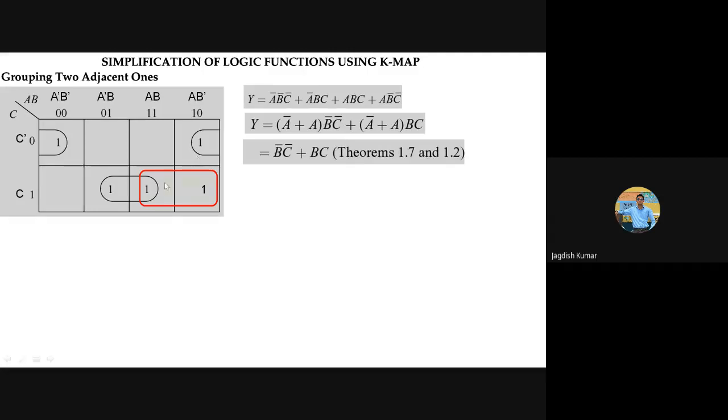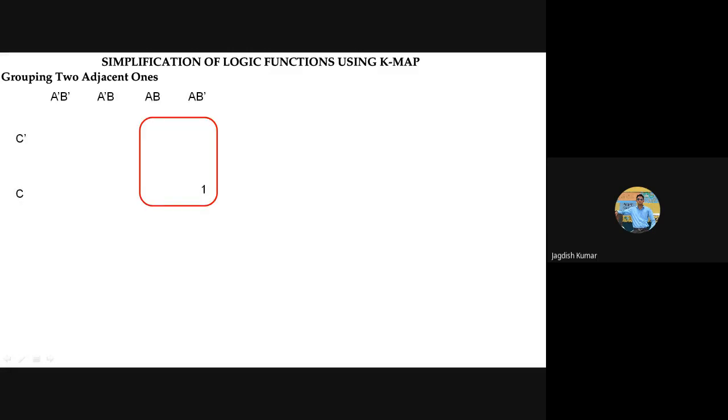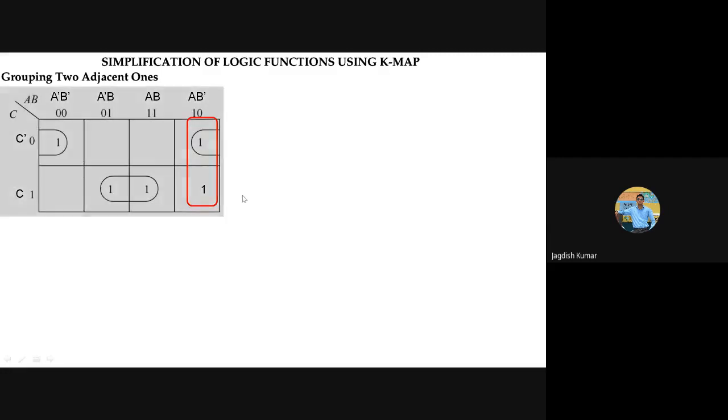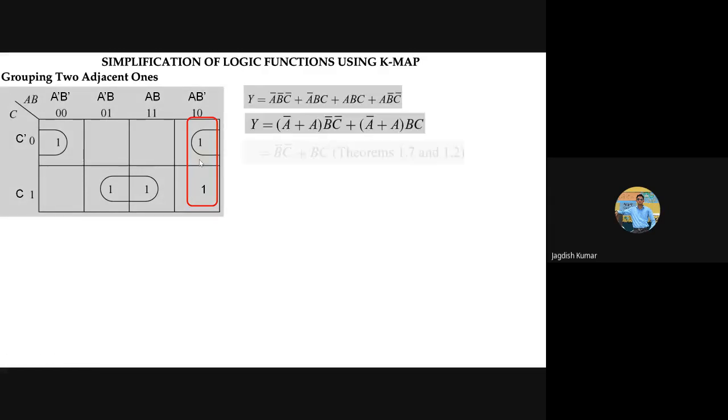The same can be done equally well by making a pair of this one with this one. We can make a pair with this one as well. So in that case, what will that give us? Again, what will be the additional term in that case?